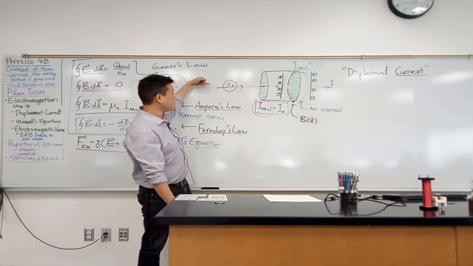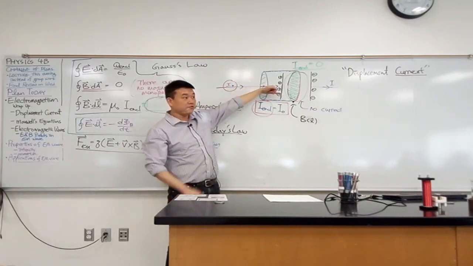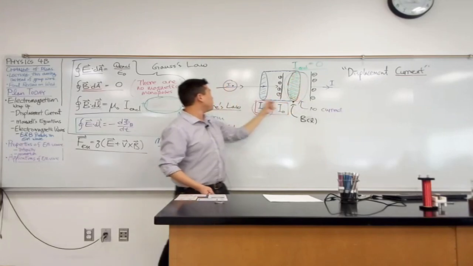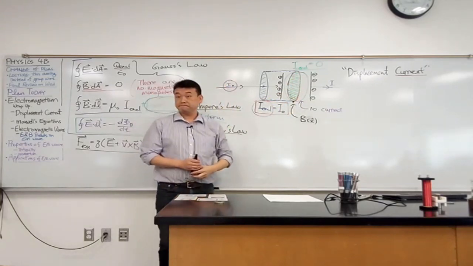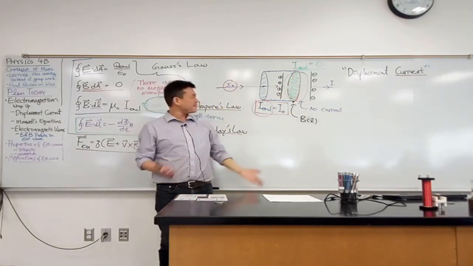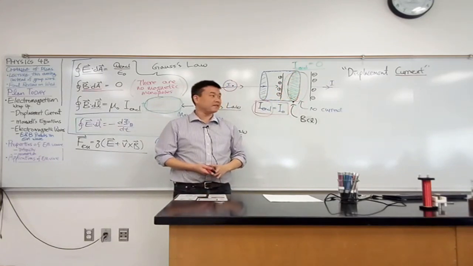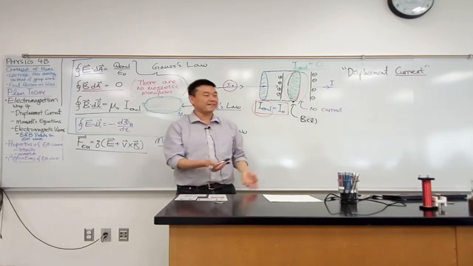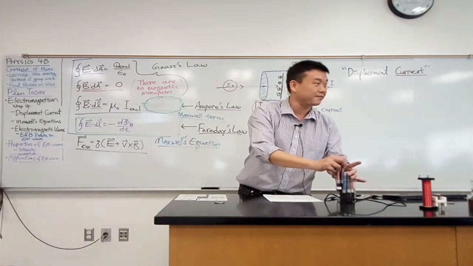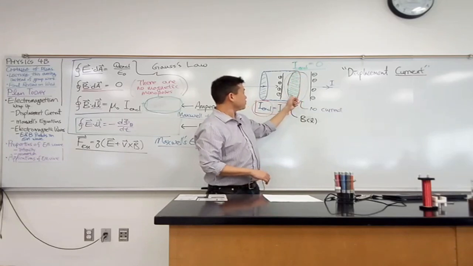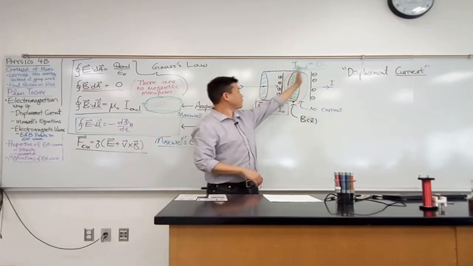You know that there's current coming in here, and you know there's something you can measure here that'll let you figure out what this current is. What kind of things can you measure here, other than magnetic field, since that's kind of circular reasoning? We're trying to get at an expression for magnetic field. So what can you measure here that tells you that there's something going on with the capacitor?